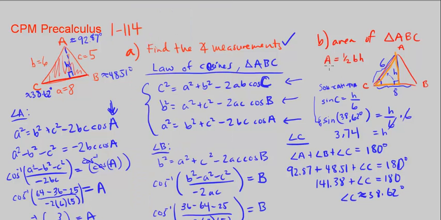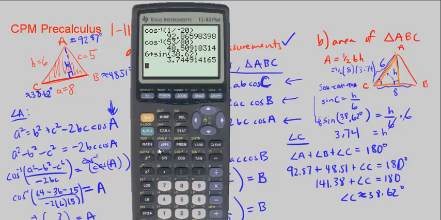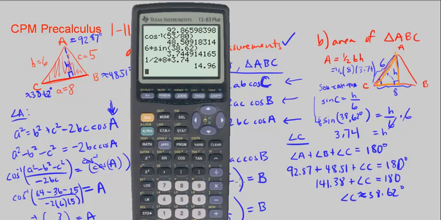So we know area then is going to be 1/2. Base is 8. H is 3.74. Right? So let's put that in our calculator. 1/2 times 8 times 3.74. Okay, so this is going to give us the area, which is 14.96.